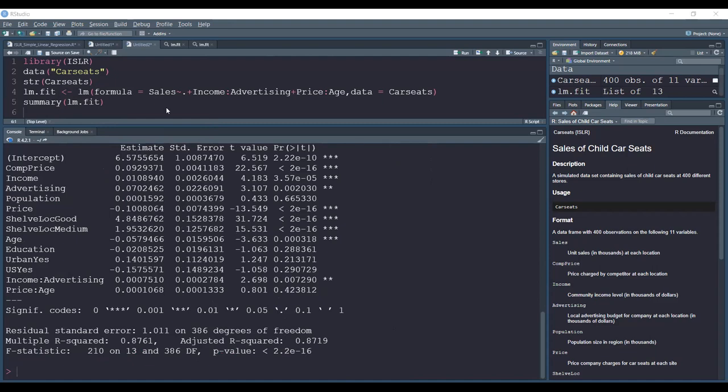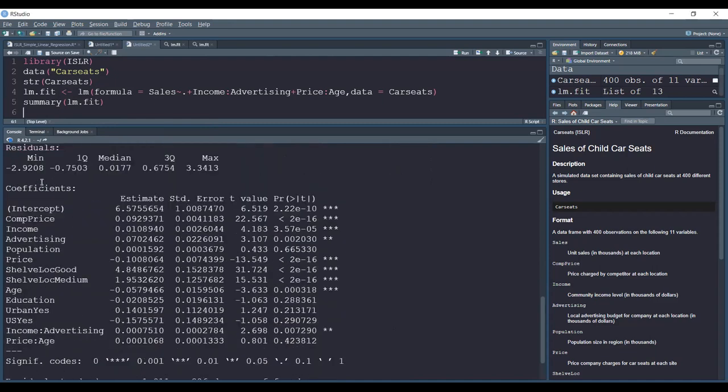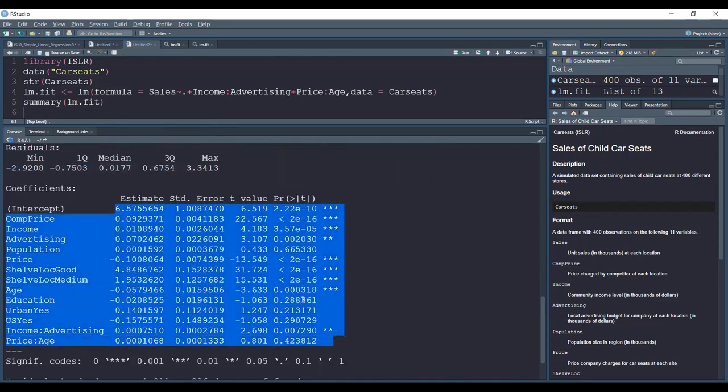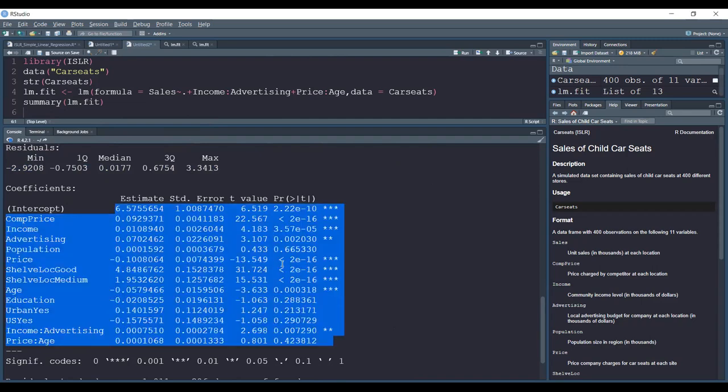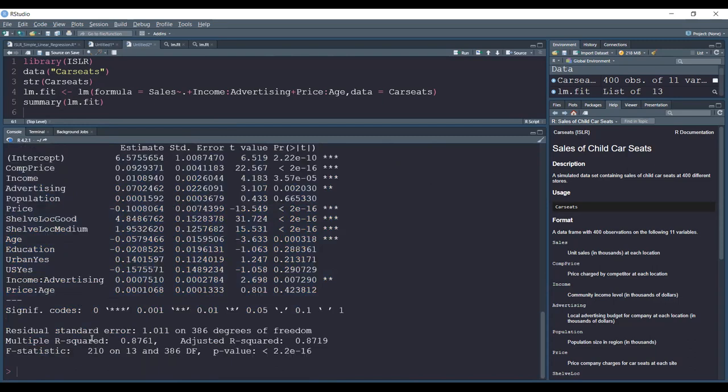Just comparing to the book, just see that we have the same kind of things. These are your residuals. And I actually think we're going to stop over here. You have your residual standard error.